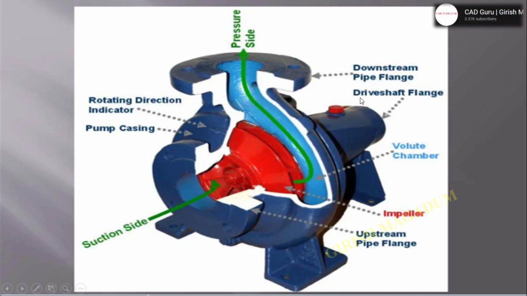And this is the driver shaft, which helps us rotate the impeller. And this is the volute chamber where the output water, with high pressure, will be forced outside the pump casing. And the rotating direction indicator shows how it's going to rotate. This is anti-clockwise, we can say.